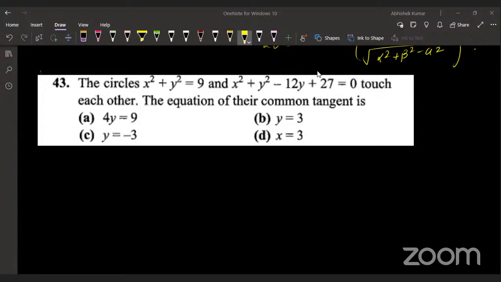Kahan Gandhi, that also seems correct. Anyone else who got it? The circles are touching each other. The equation of their common tangent is. I equated the constants of both, the c part.